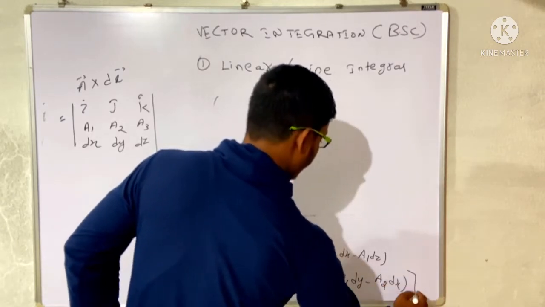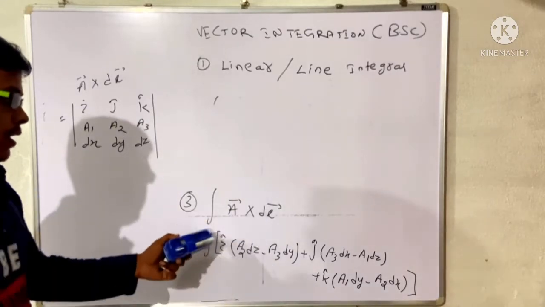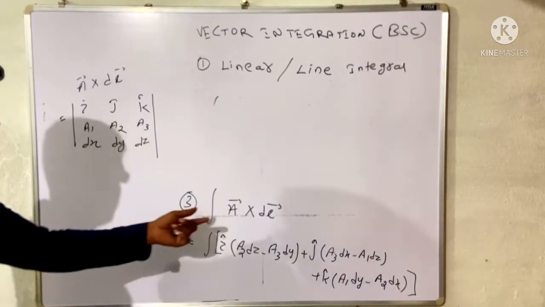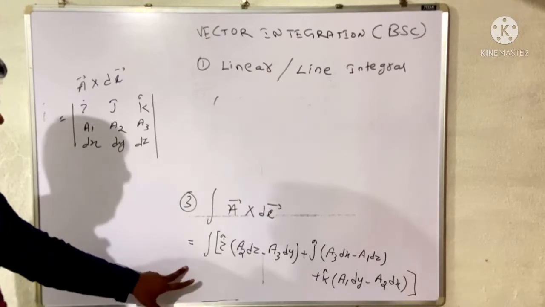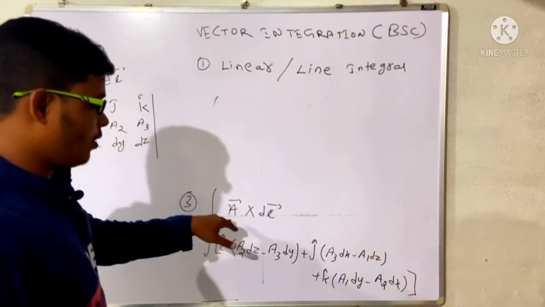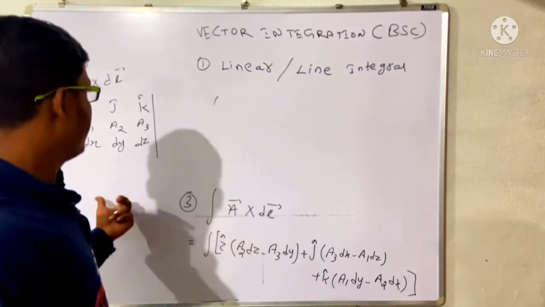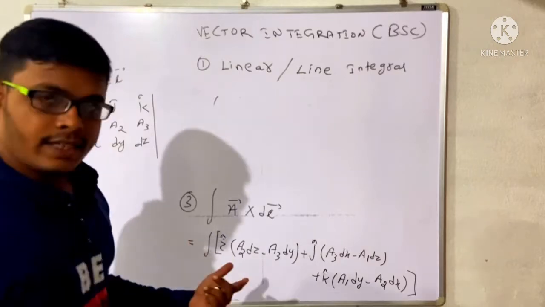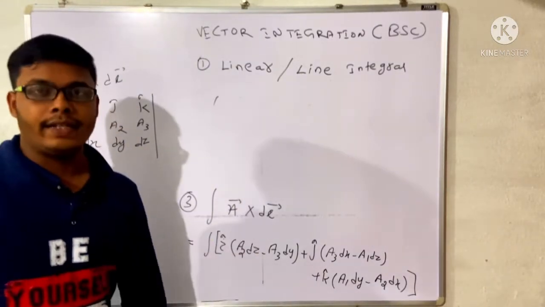So this is the cross product of the line element with the vector field. The a vector will be given to you, and the dl vector is dx i cap plus dy j cap plus dz k cap. You can do the cross product and simply do the integration.